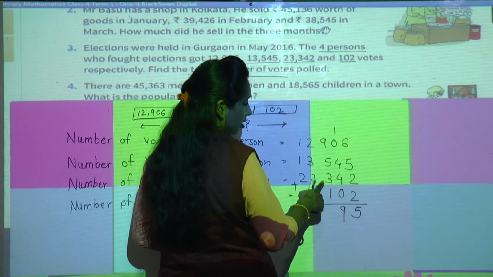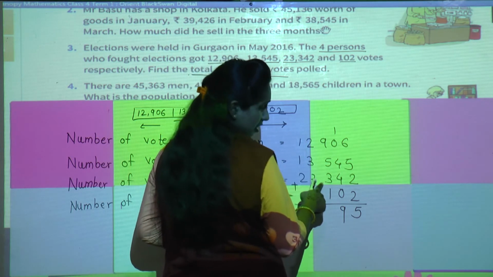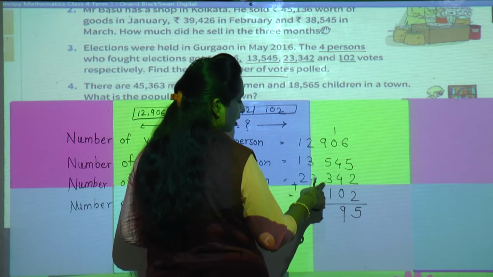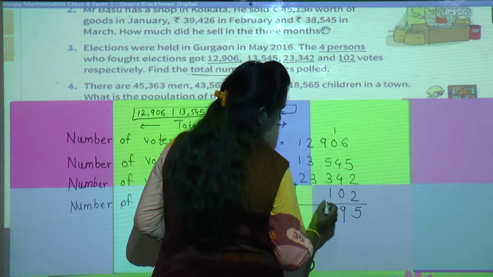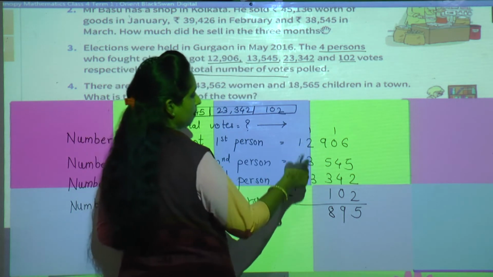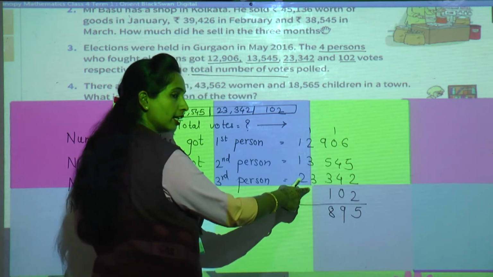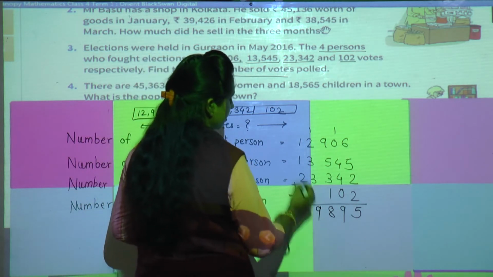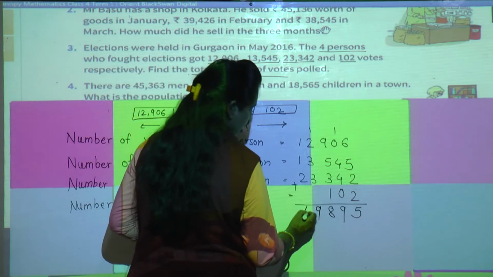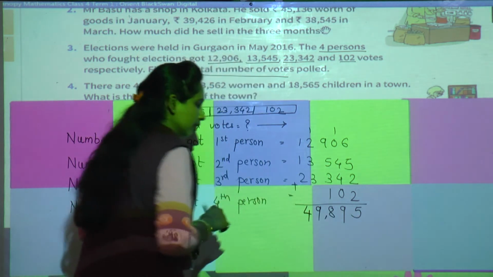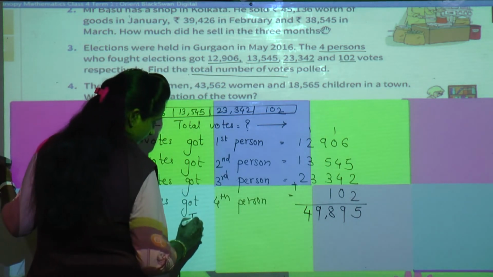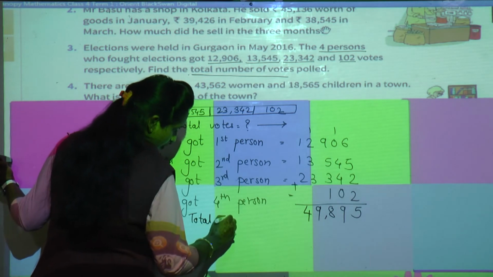Yes students, tell me. 16, isn't it? No, 17. 14 plus 3 is 17. 17 plus 1 is 18. 1 here, 1 will carry. 1 plus 2 is 3, 3 plus 3 is 6, 6 plus 3 is 9. 9 write as it is here. No carry. 1 plus 1 is 2. 2 plus 2 is 4. Give a comma after 3 digits. So what is this? Total votes.